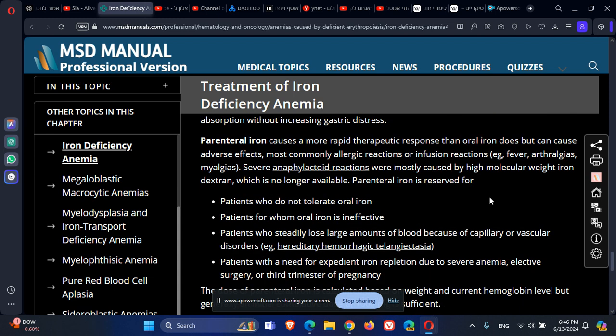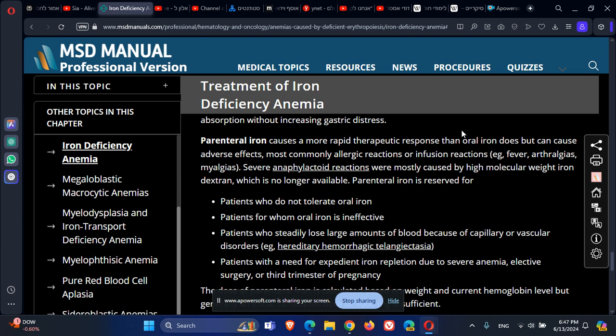Now, parenteral iron, namely injection of Ferinject or Venofer, can help when oral iron supplementation is not enough, or the patient has too many side effects and doesn't want to take it, or he needs more. But there are problems with parenteral iron, mainly the side effects, which are mainly allergic, which can cause fever, and side effects that are not quite convenient. Other side effects like fever, arthralgias, myalgias can also develop, and anaphylactic reactions.